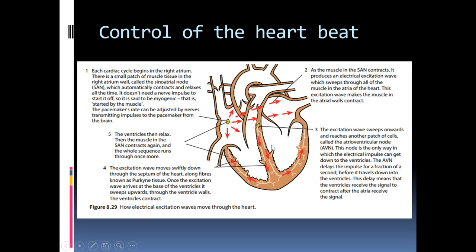Okay, and the nature of the muscle is that whenever it receives any electrical impulse, it will start to contract, right? So that's why whenever the SAN produces this impulse, and those impulses spread throughout the atria, both of the atria will contract simultaneously.